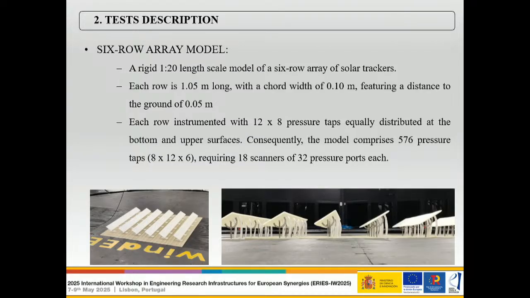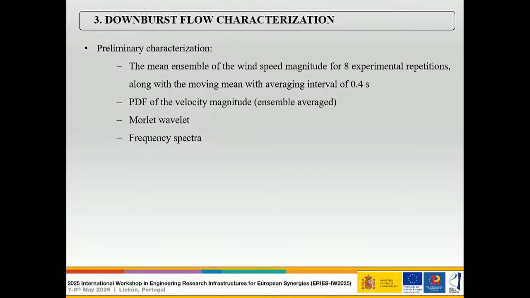It's important to take into account that each row was instrumented by means of 12 different rows with 8 pressure probes each. So that means that in total we have 576 pressure taps requiring 18 scanners of 32 pressure ports each, which obviously was quite a complex endeavor.